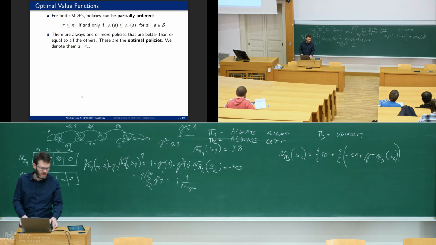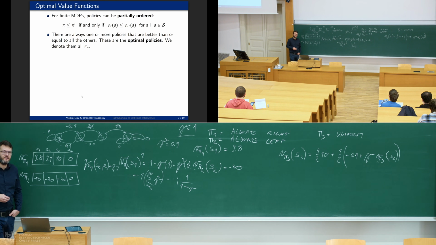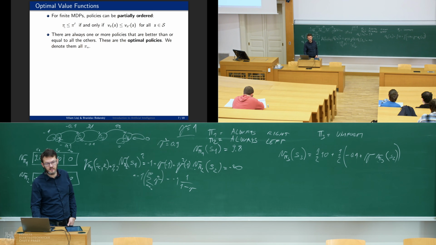Okay. Now, if we have these value functions, we can define a partial ordering on policies using the state value function. And we would say that policy pi prime is better than a policy pi if and only if for every single state the value function for that policy is better than the value function for the other policy.